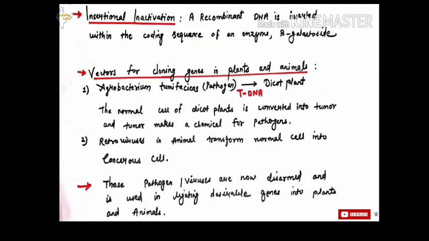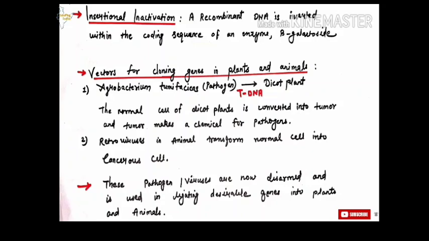Next is vectors for cloning genes in plants and animals. Agrobacterium tumefaciens is a pathogen that is introduced into the dicot plant and transfers T-DNA.